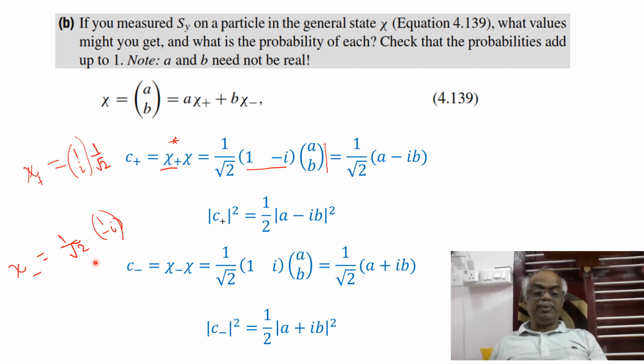If you take the modulus square of this C minus to find the probability, it equals 1 over 2 modulus A plus iB whole squared.